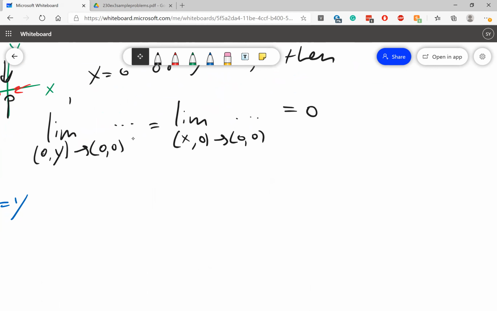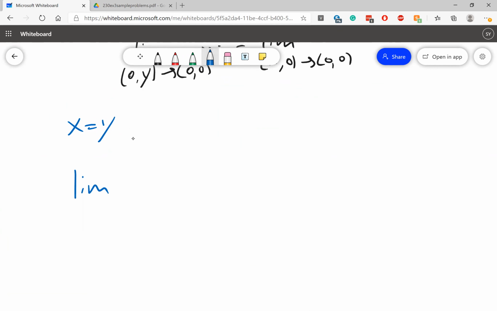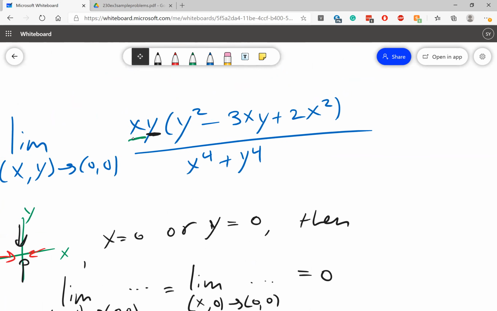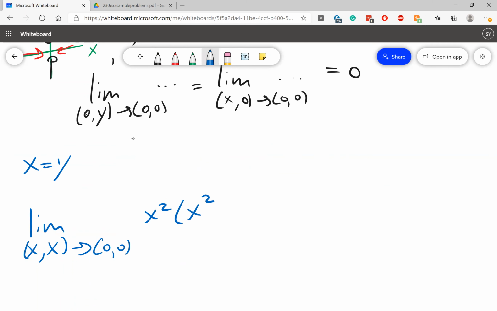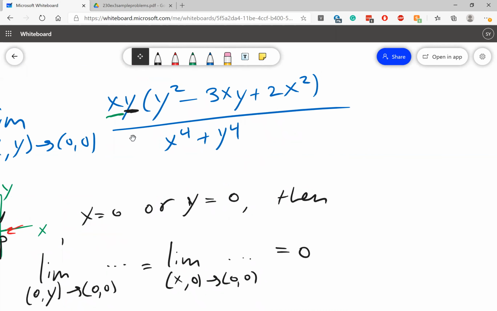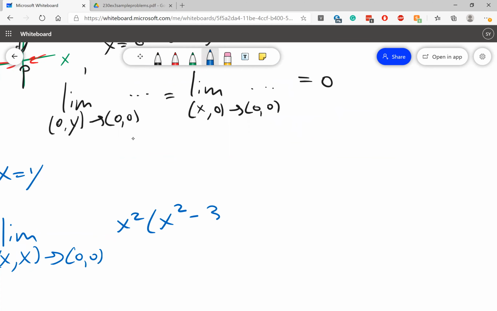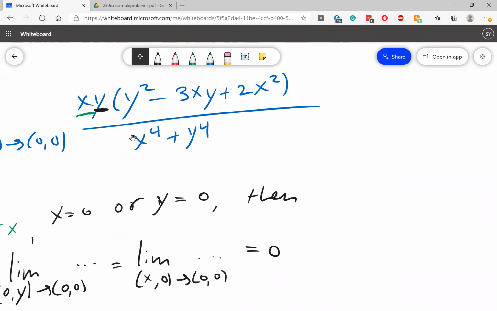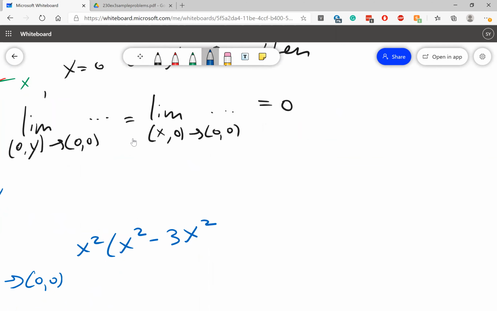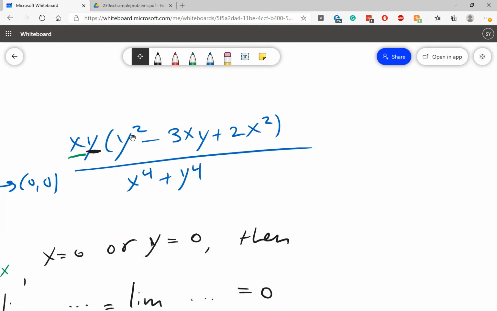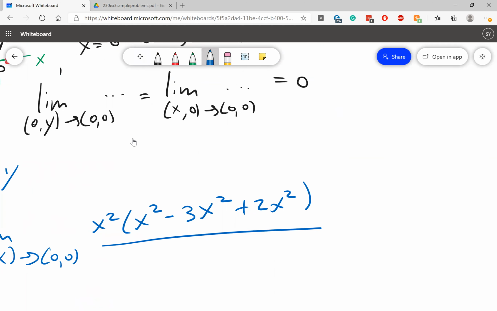In such a case, we would get the limit as x goes to 0 of x squared times x squared minus 3x squared plus 2x squared over 2x to the fourth power.